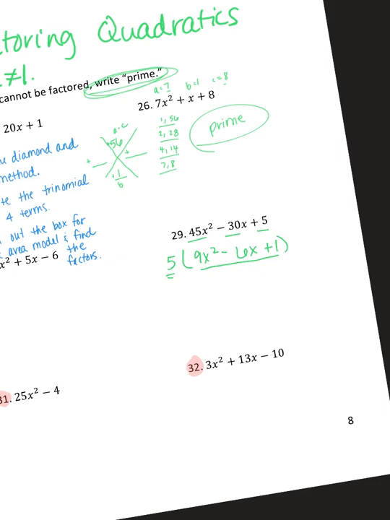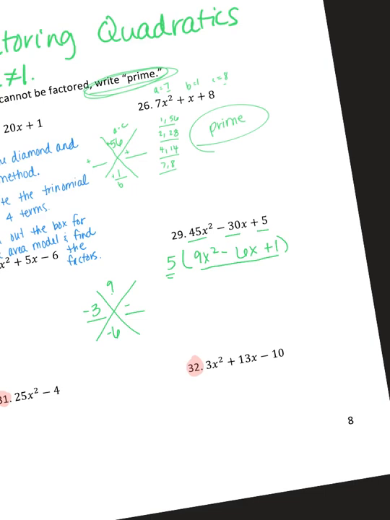Okay, so in order to factor 9x squared minus 6x plus 1, we're going to set up the diamond. 9 times 1 is 9, and negative 6 is b. We are looking for two numbers that multiply to a positive 9 but add to a negative 6. In order for those to be a positive product and a negative sum, they both need to be negative.